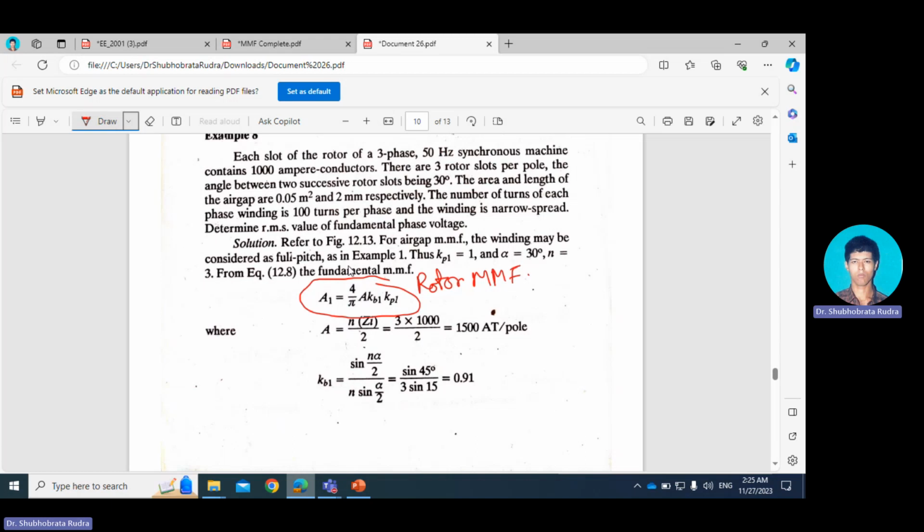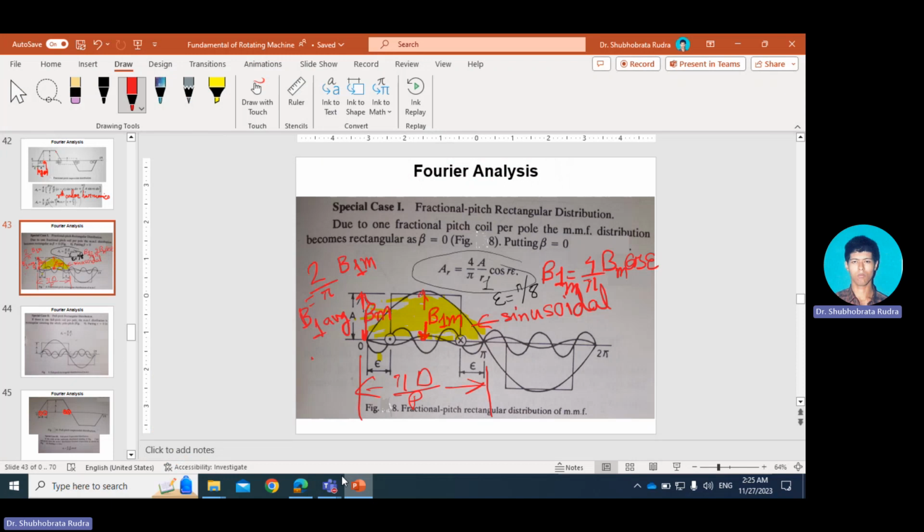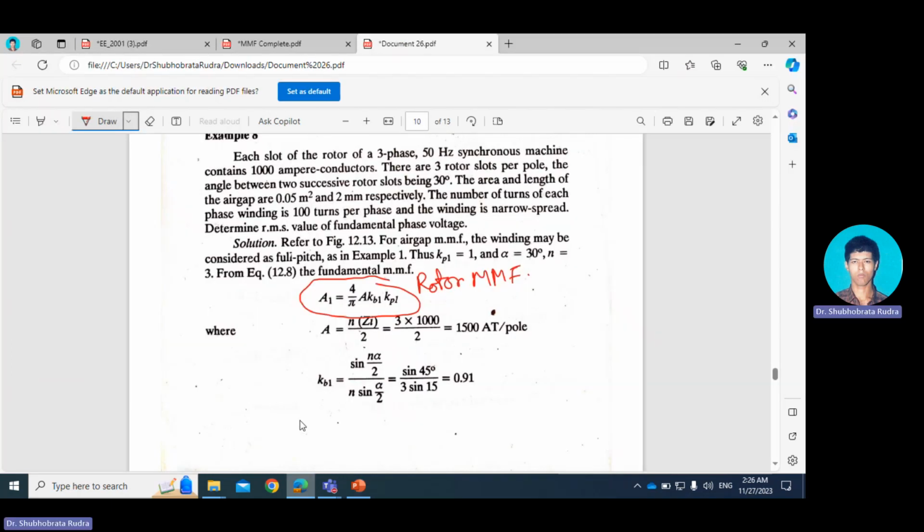Provided here, we are assuming that this rotor is going to produce a kind of rectangular flux distribution. This is very important to understand how to select this formula. See here, this is the formula we are using. There are 3 rotor slots, the area and length, the number of turns in each winding.